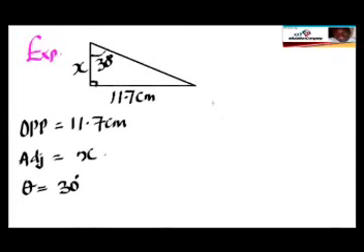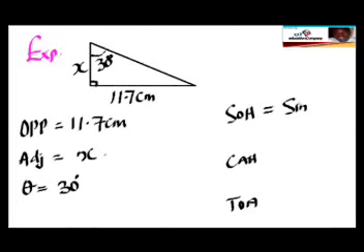Now remember this formula, SOH CAH TOA. SOH refers to sine theta is equal to O for opposite over H for hypotenuse. So this is the formula. Sine theta is equal to opposite over hypotenuse. And for CAH, C stands for cosine.